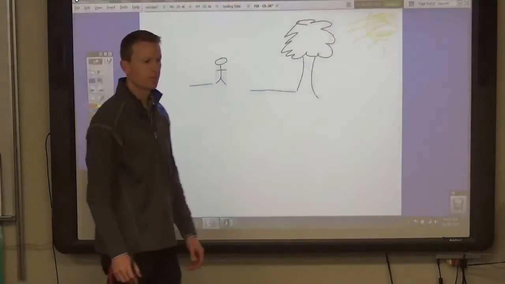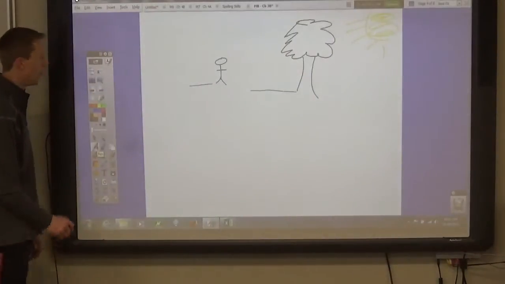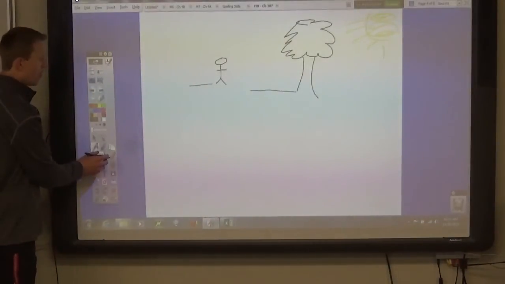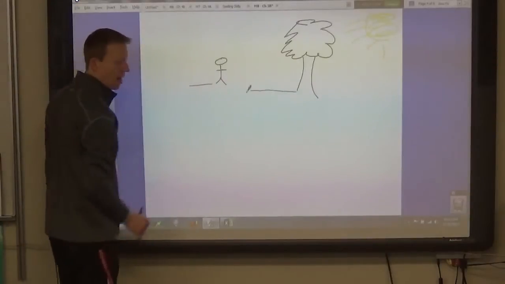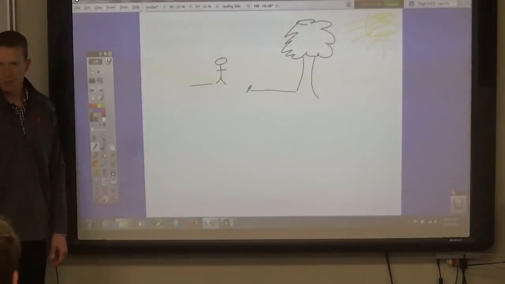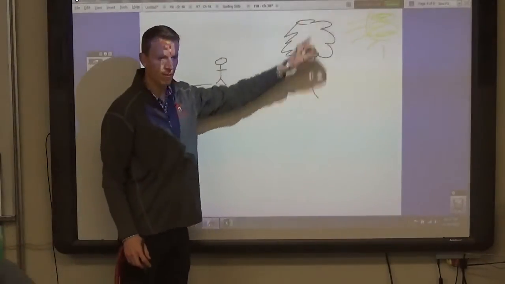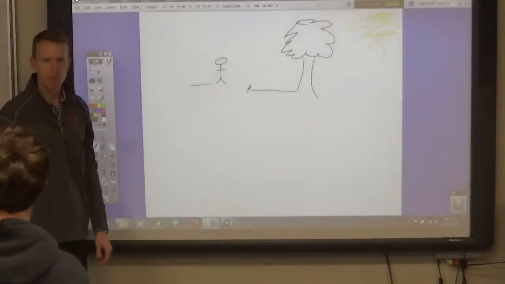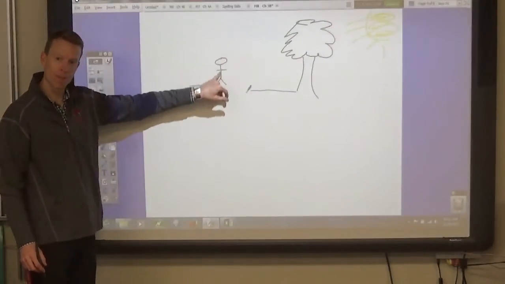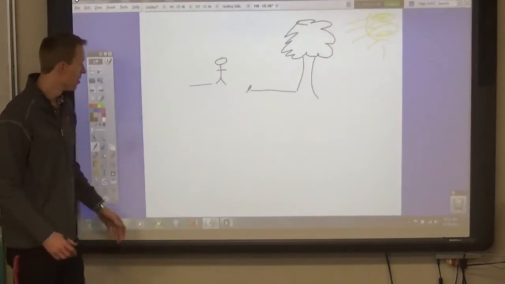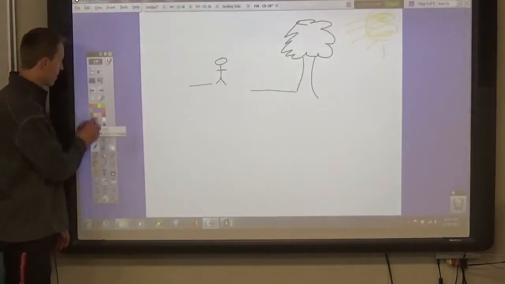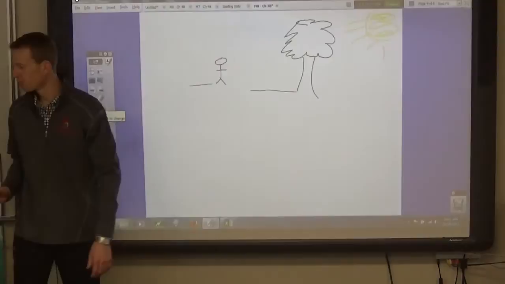All right? So, they give us the length. We can measure the length of the shadow along the ground, but you can't measure the height of the tree from the ground. But you can measure the height of the person from the ground, right? So, let's put down some measurements.